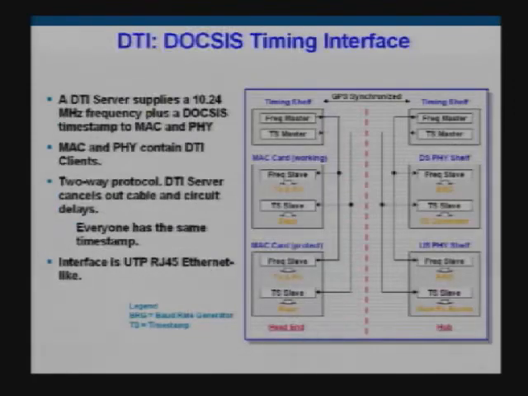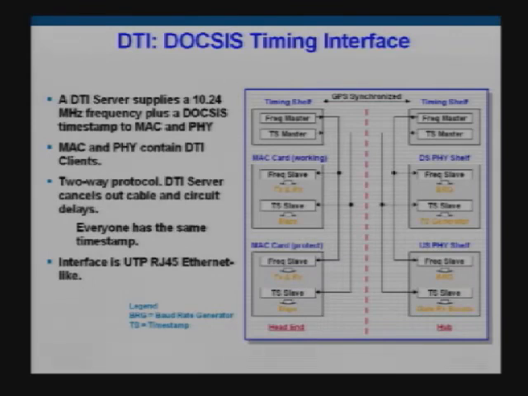Now let us take a look at the DOCSIS timing interface. The concept is quite straightforward. There is a centralized DOCSIS timing server which provides timing information to all the individual components of the MCMTS architecture, and it provides the 10.24 MHz DOCSIS standard frequency as well as the 32-bit DOCSIS timestamp.